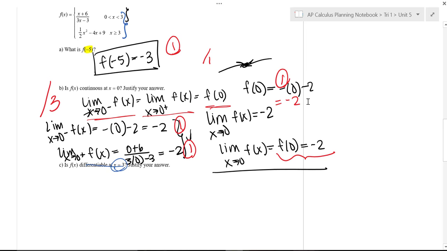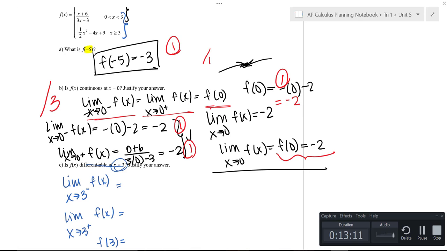So I'm going to fill out the limit as x approaches 3 from the left of f of x equals the limit as x approaches 3 from the right, and then we also need what is f of 3. So I'm going to be using those functions and getting those three things. I'm going to press pause for a second and do that math.